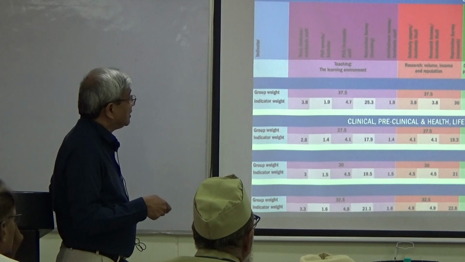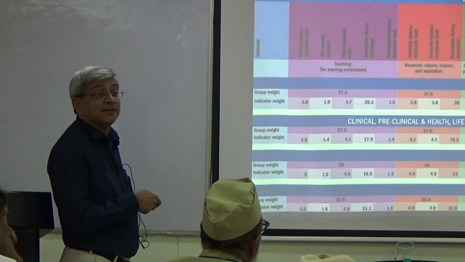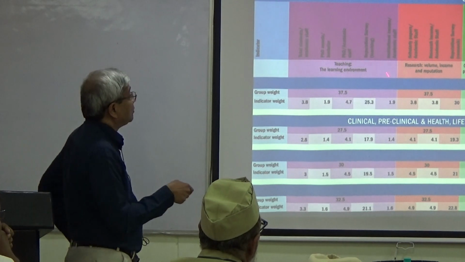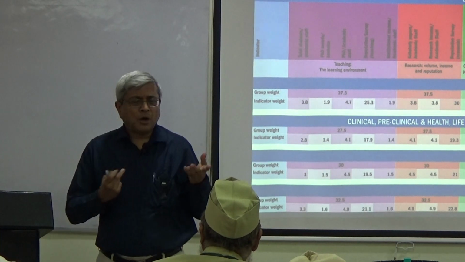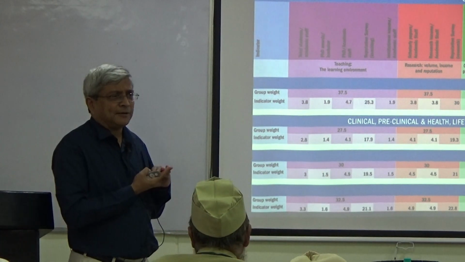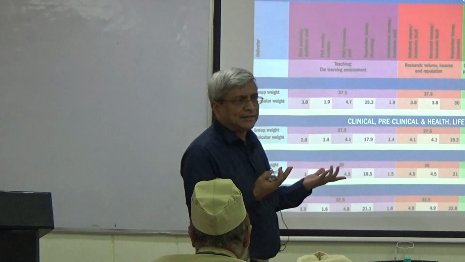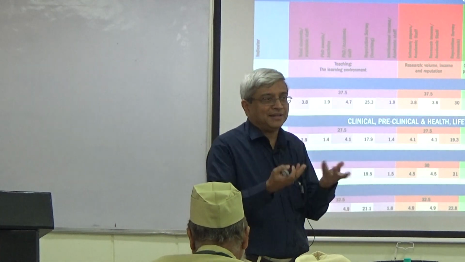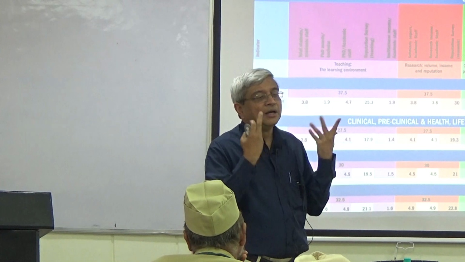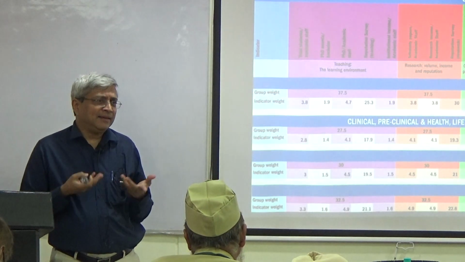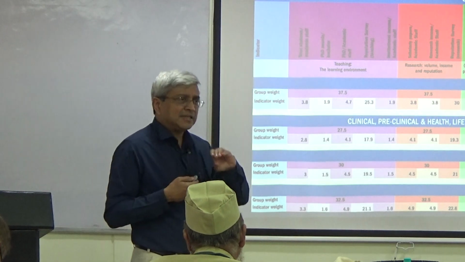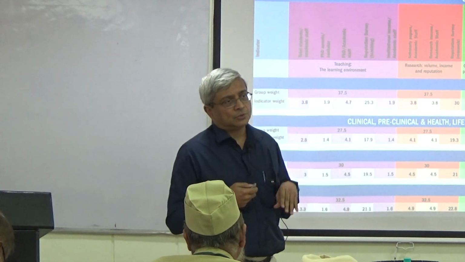And in clinical life sciences, even more weightage is given to citations compared to the other areas. So because it depends on the area. Social sciences often you publish as books and so on. They're not cited so much. How many books can you publish every year? You publish once a year or once in 2 years. So the number of citations is going to be very less. So therefore they give less weightage to the citations.